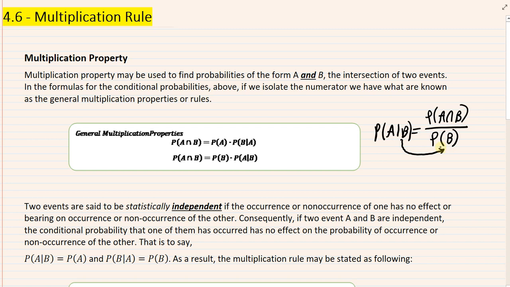Now if we cross multiply, we get probability of A given B times probability of B is equal to probability of A and B.